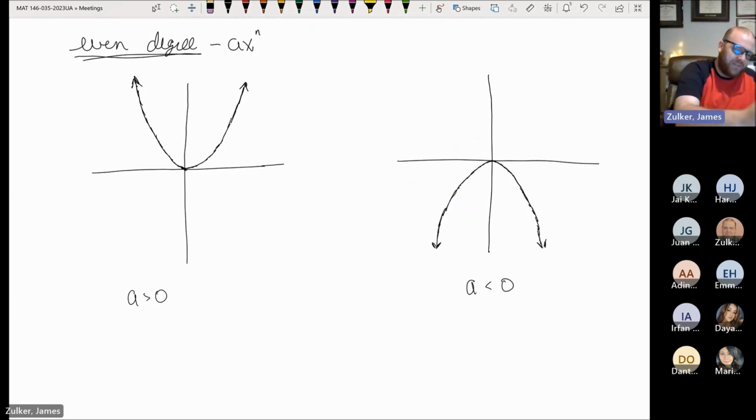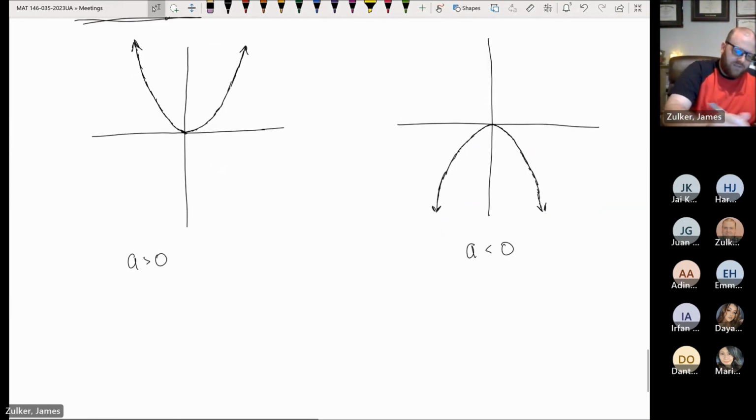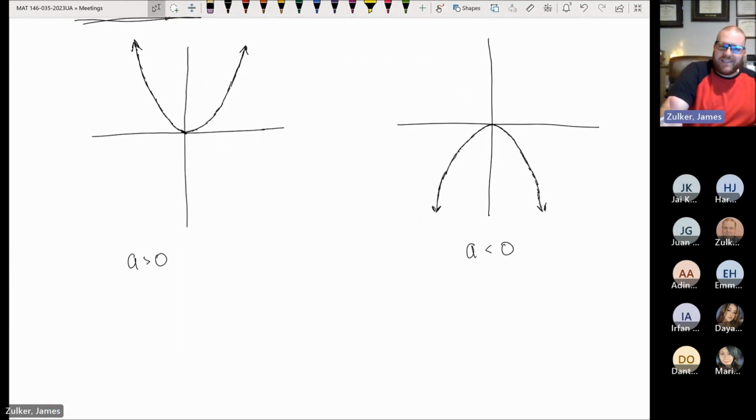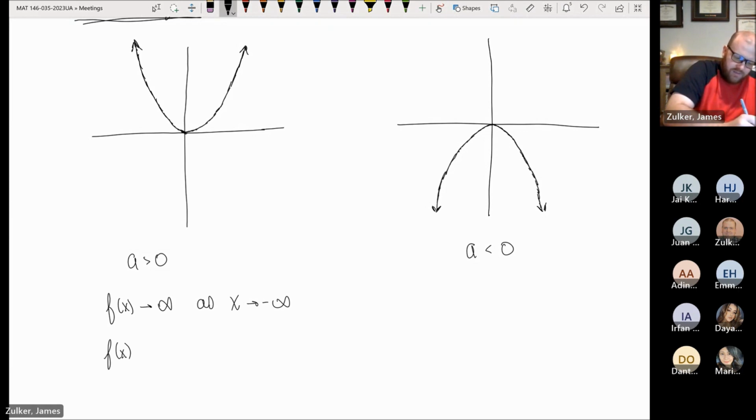So notice what happens. For a positive leading coefficient, on both ends, f of x is increasing without bound, right? f of x tends to infinity on both sides.